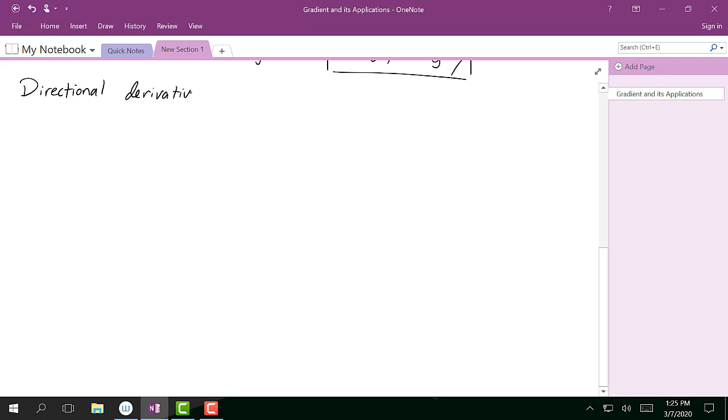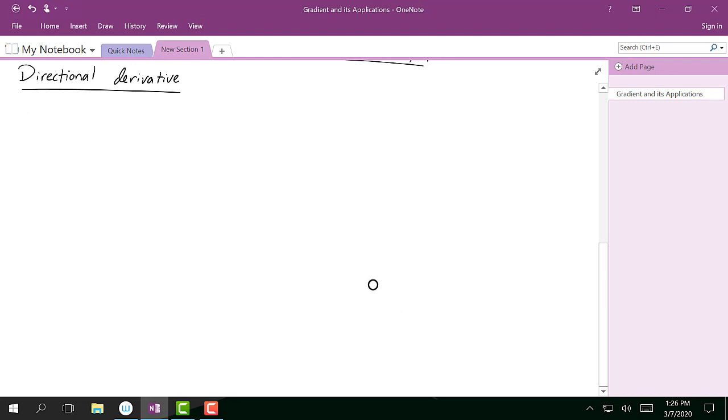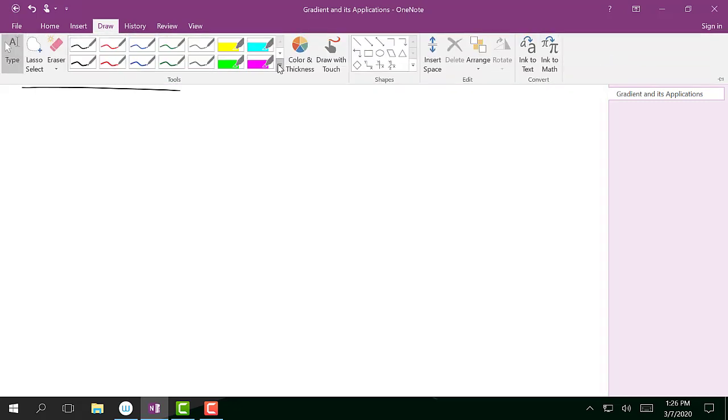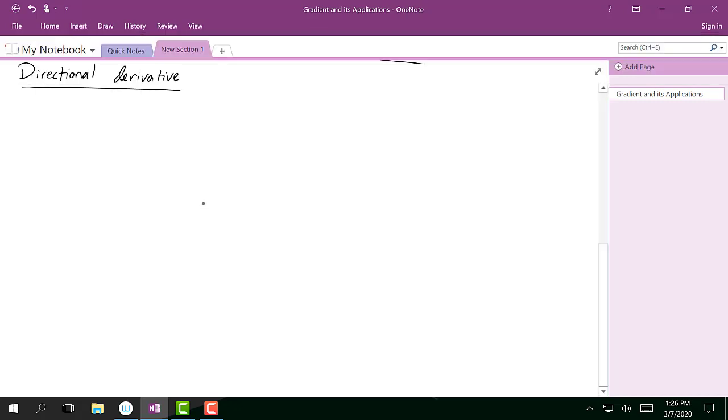As the name suggests, we're going to be taking a derivative of a function, but we have to try to get some information based off of what this directional part means. And so we're going to draw a nice little picture to get some intuition on what's going on here, and I'll walk through where the directional derivative comes from.